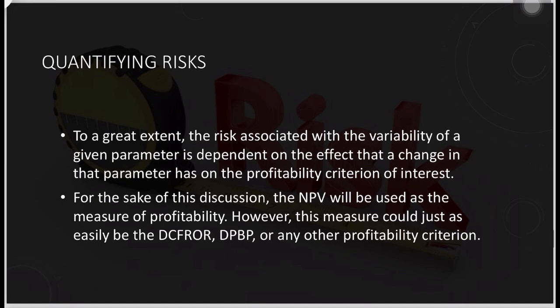To a great extent, the risk associated with the variability of a given parameter is dependent on the effect that a change in that parameter has on the profitability criterion of interest. For the sake of this discussion, the NPV will be used as the measure of profitability. However, the measure could just as easily be the DCFROR, the DPBP, or any other profitability criterion.